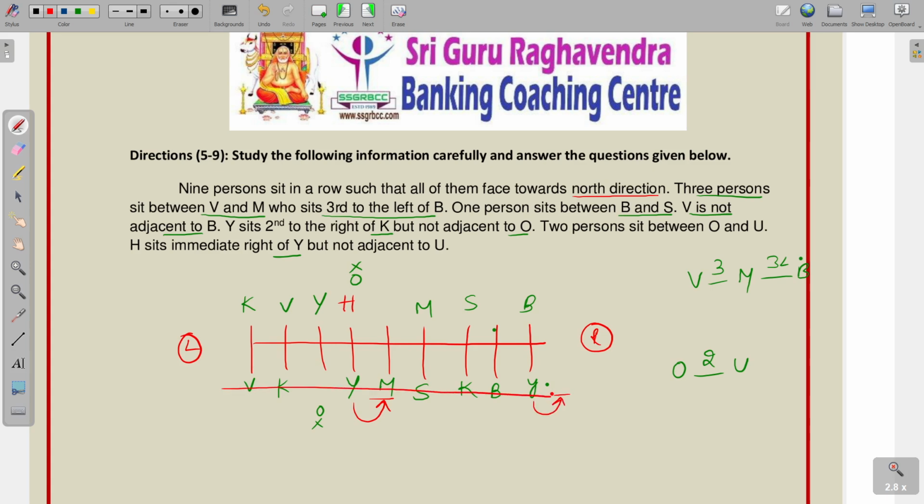So this is not the correct way, this is the correct possibility. Next, in the remaining two places, only O and U are left, but H is not adjacent to U. Here U is not coming, here O is coming, and here U is coming. So this is the final arrangement of the puzzle.